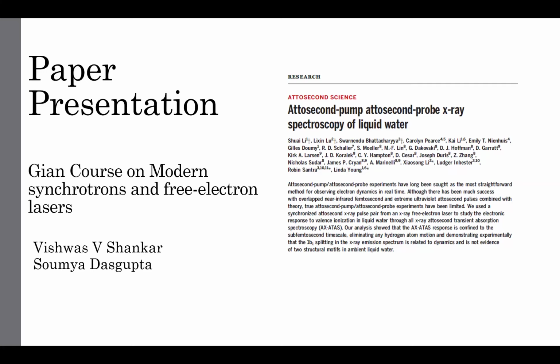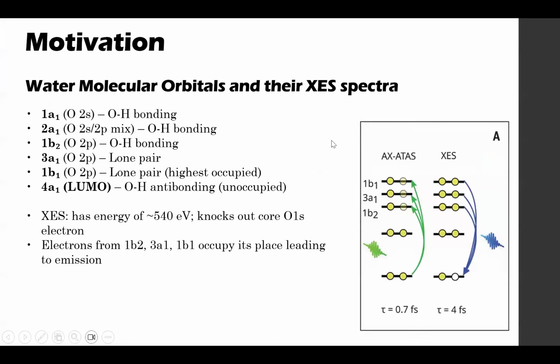Sorry, I'm unable to change the slide. Yes. So basically, before getting into the motivation, since this experiment is based on the spectra of water, I'm going to talk about the orbitals present in water that manifest themselves in the spectra.